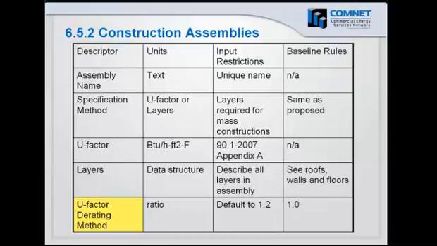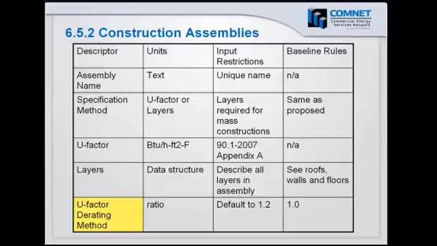The U factors are derived from Appendix A of 90.1 2007. Layers is a data structure. So this is meant to describe all of the layers in the assembly, the framing layer, which may or may not include insulation along with the framing, any other insulation layer, and then exterior finish and so forth.